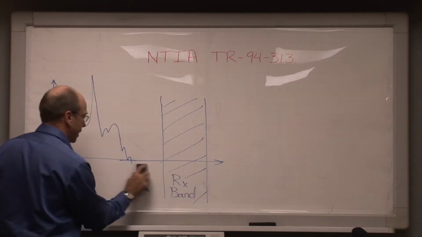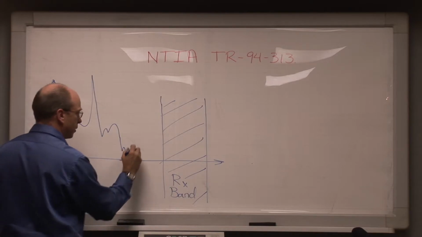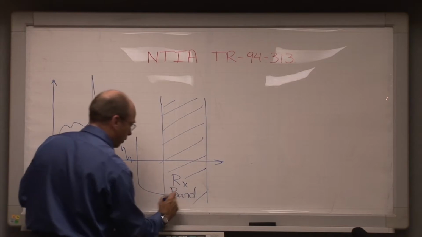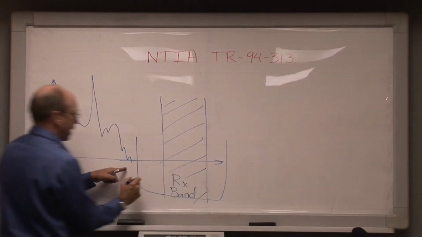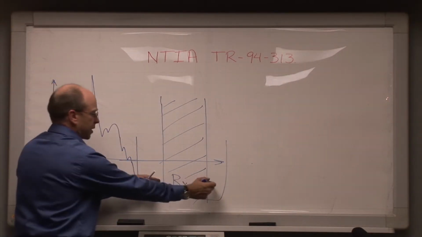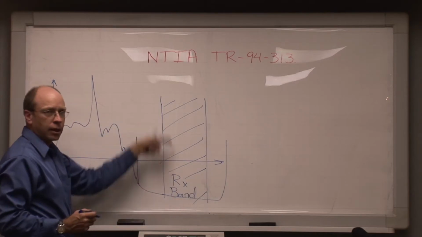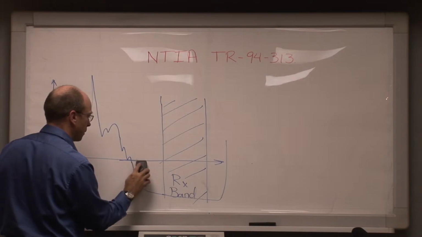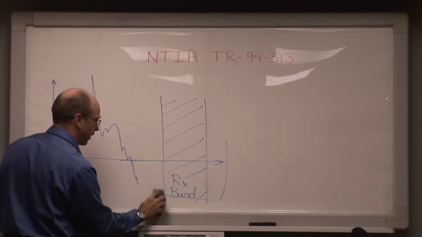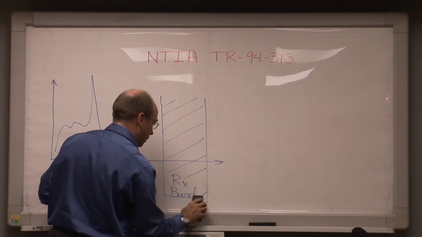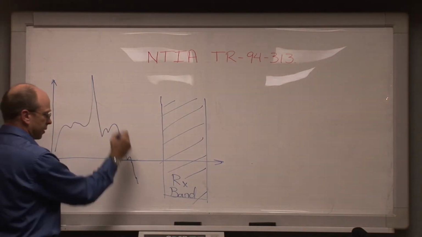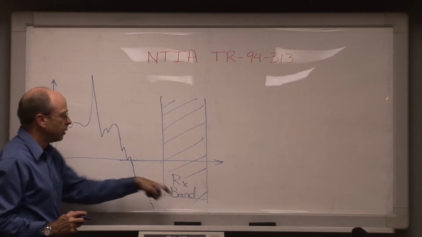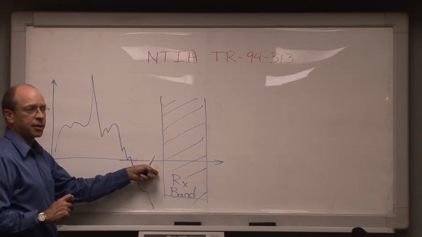And as we discussed last time, the way that you would mitigate that would be to install a filter on this transmitter, and the filter would actually knock down the transmitter energy in the receiver band enough to eliminate the co-channel interference. But suppose that when you do the measurement on this system, you discover that in fact the transmitter in question is simply not producing enough energy in the receiver band to cause the receiver to experience interference.